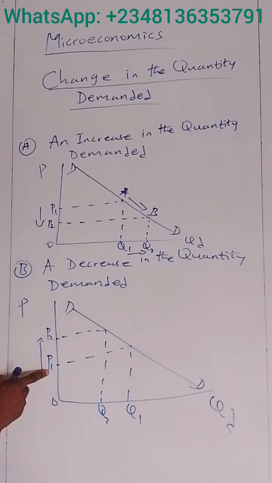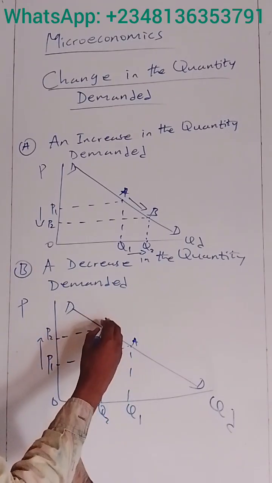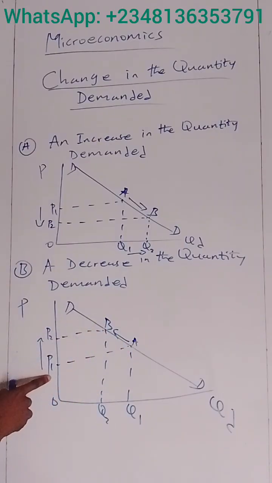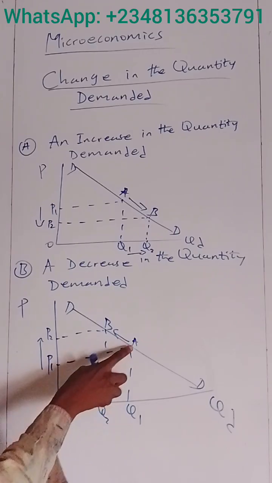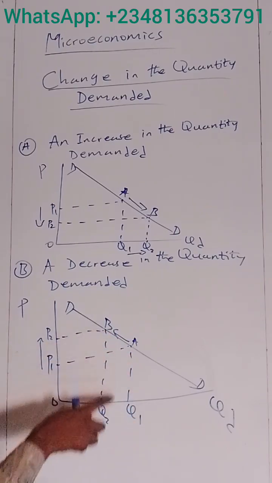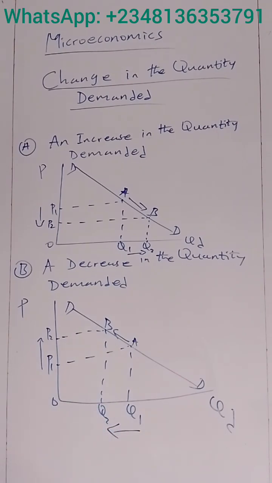You can see when the price rises from P1 to P2, let's say this is point A, this is point B. There's a movement from A to B when the price rises from P1 to P2. The quantity has fallen from Q1 to Q2, or point B. Therefore, when there is an increase in the price of the commodity, this will cause a decrease in the quantity demanded, not a decrease in demand.